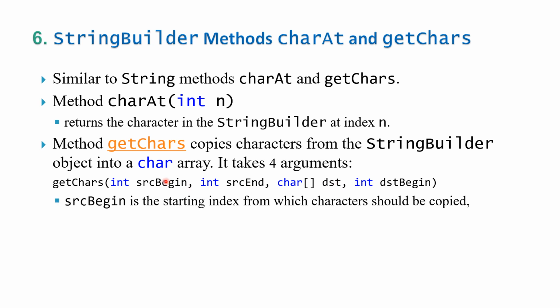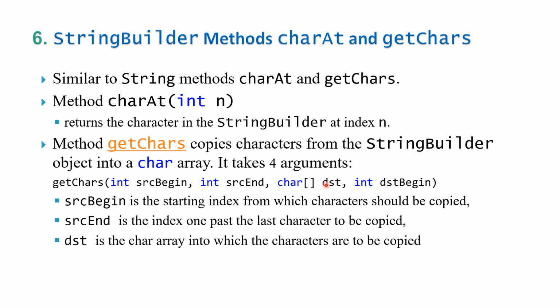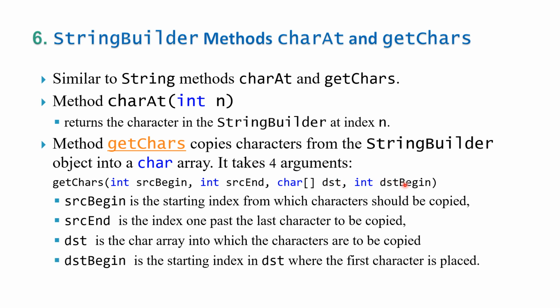The first argument is an int value indicating the starting index from which the characters should be copied. The second argument is the index one past the last character to be copied. The third argument is the char array into which the characters are to be copied. And the last argument is the starting index in the char array where the first character is placed.